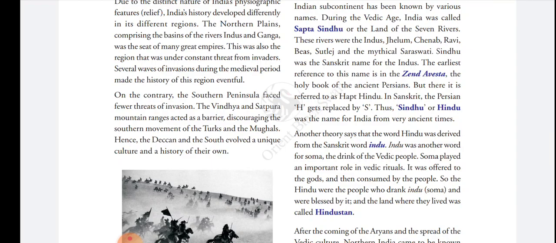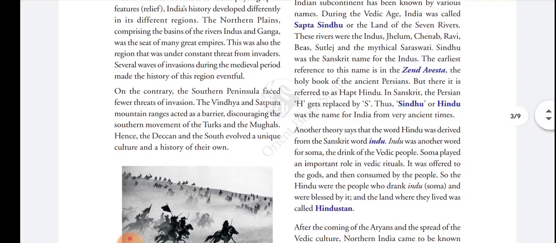There it is referred to as Hept Hindu. In Sanskrit it is Sapta Sindhu; the Persians replaced S by H, and thus Sindhu became Hindu. That's why Sapta Sindhu was the name of India for many ancient times.